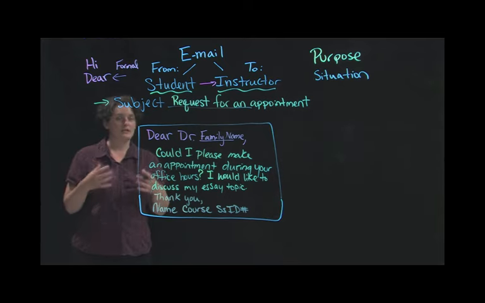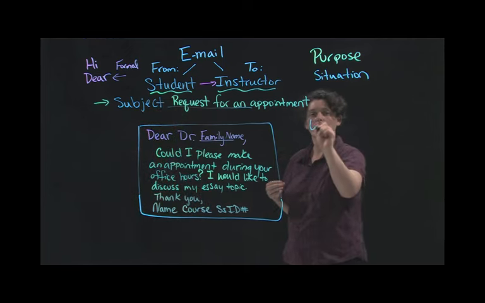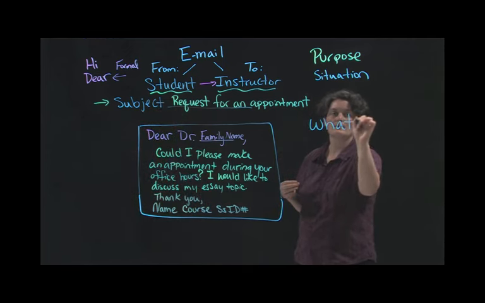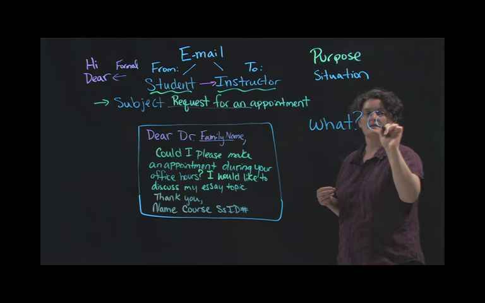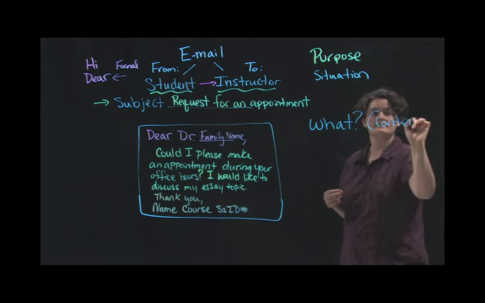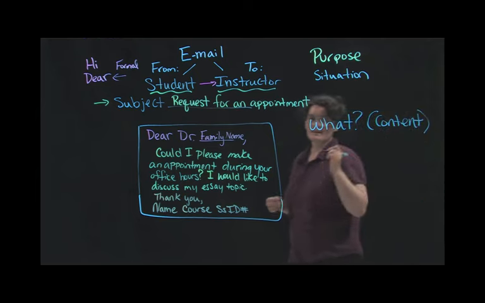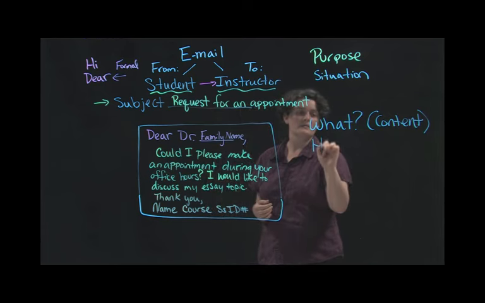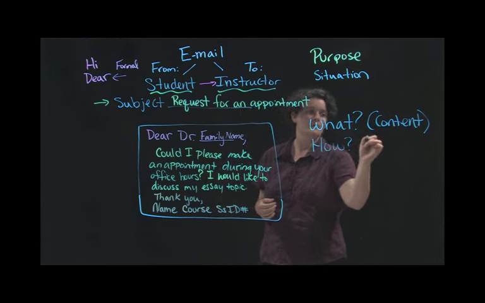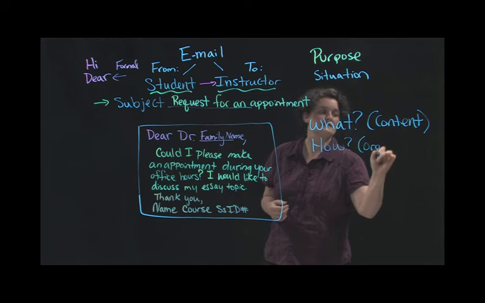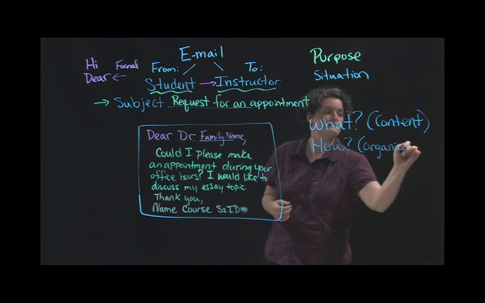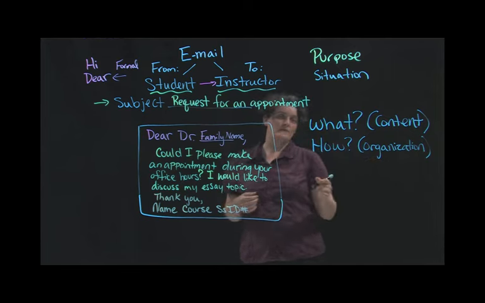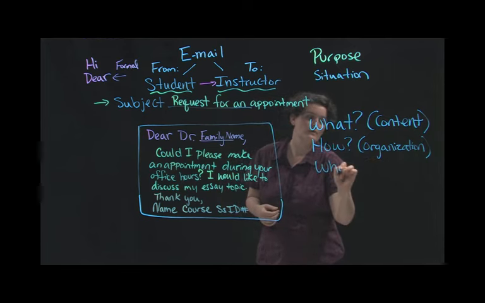We're going to focus on looking at 3 different things. One of them is, what do I want to say? We're going to talk about this in class as the content. Once I decide what I want to say, then I want to think about how do I want to say it. We're going to call this organization. How do I organize my writing? And the last one is the who.